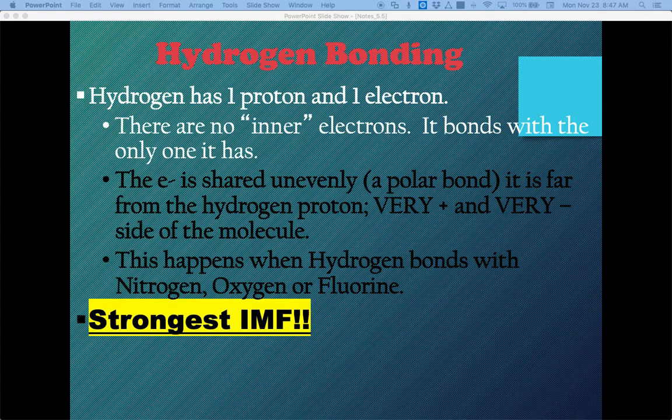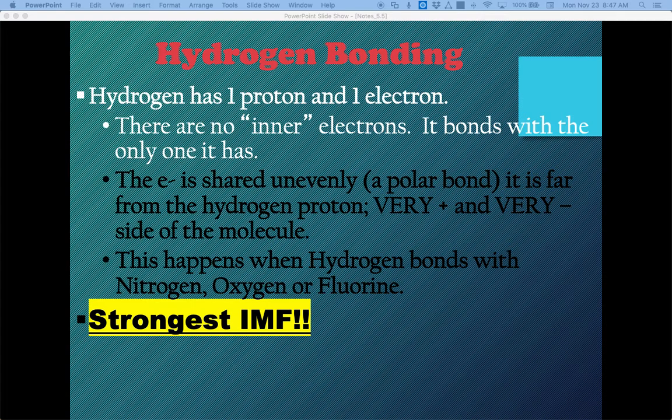And so that proton is just stuck out right in the middle. And so it creates this really unique charge separation. It creates this really unique, strong magnet. You get this very, very, very positive side and this very, very negative side.